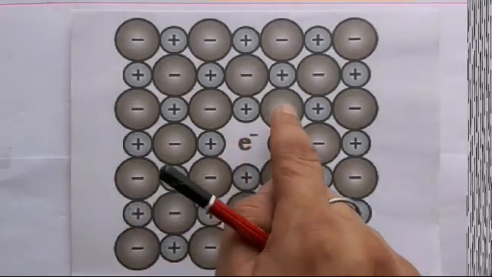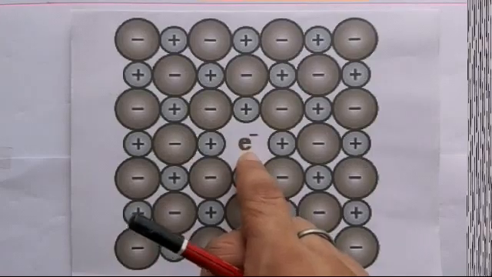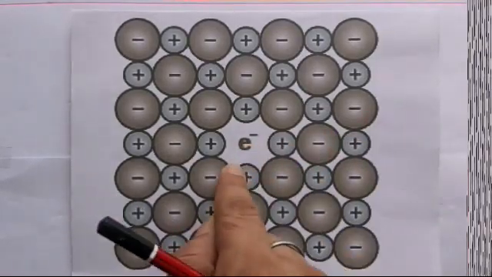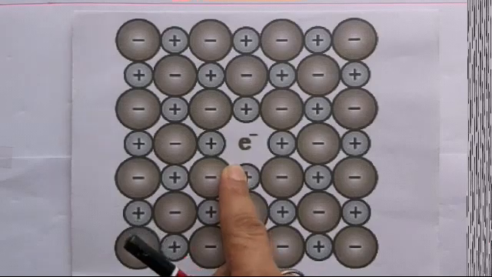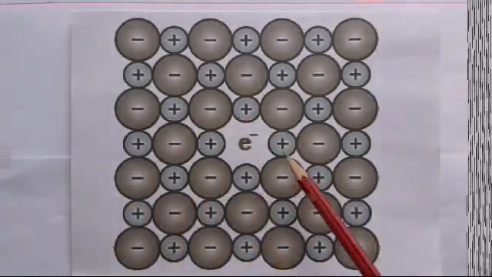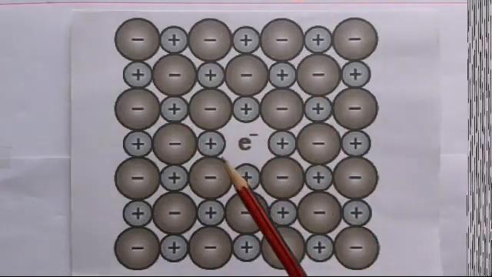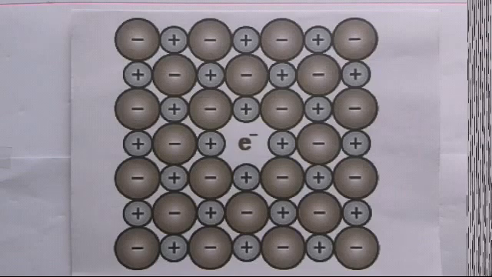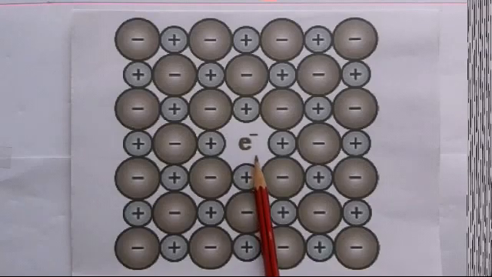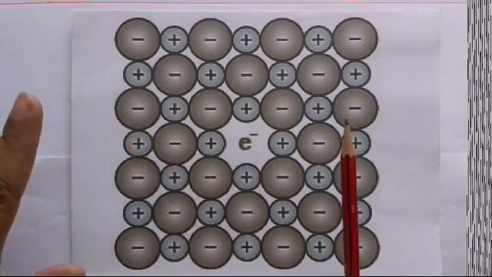This site should have been occupied by an anion, but now an electron is there which diffused into the crystal. As a result, the crystal now has an excess of sodium because the other anion is not there. Chloride ions are comparatively fewer in number, sodium ions are more. The anionic sites occupied by unpaired electrons are called F centers. Here F stands for the German word Farbencenter, meaning color center, as they impart yellow color to the crystal of NaCl.